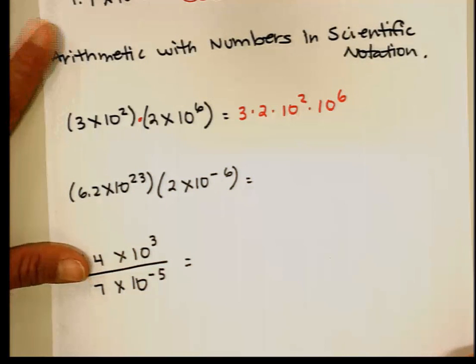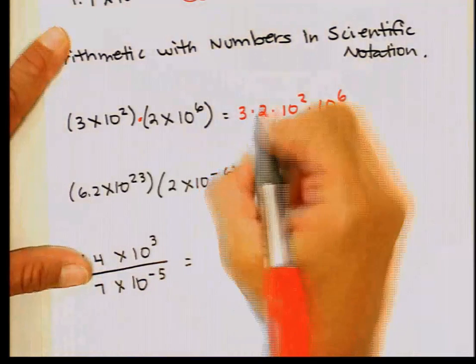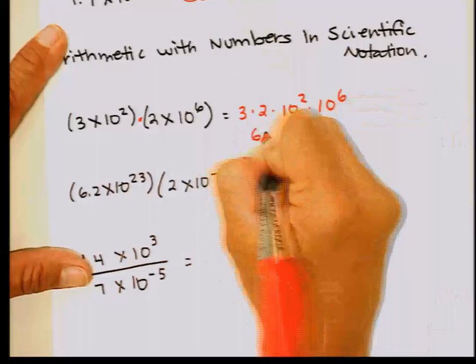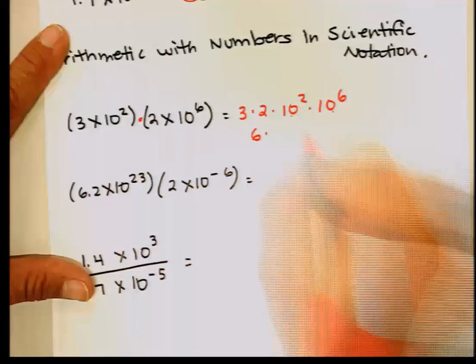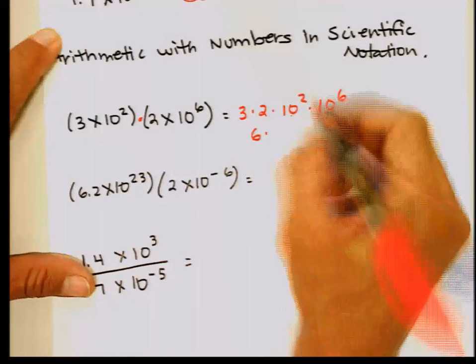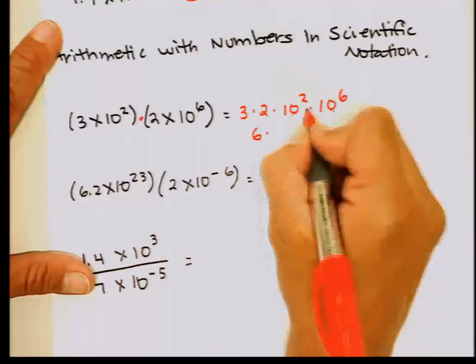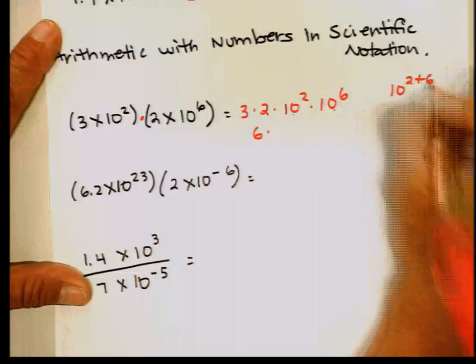And now we're going to have to call on some exponent properties we know. So 3 times 2, that's just going to be 6. I'll hold that for a second. And now I have 10 squared times 10 to the 6th. I'm multiplying like bases. So what did we do to the exponents? Exactly, we add them. So that's going to be 10 to the 2 plus 6, looks like 10 to the 8.